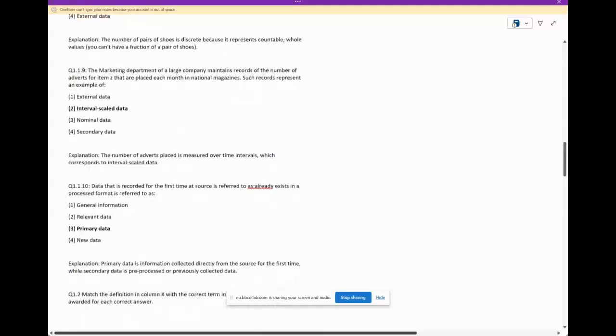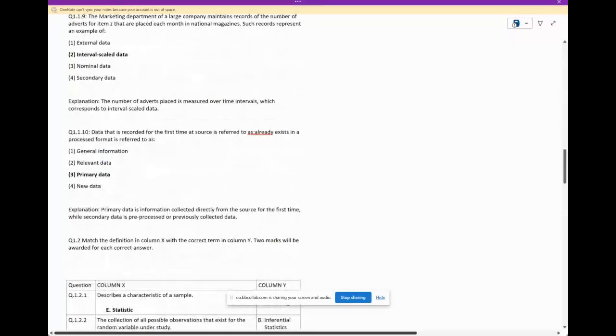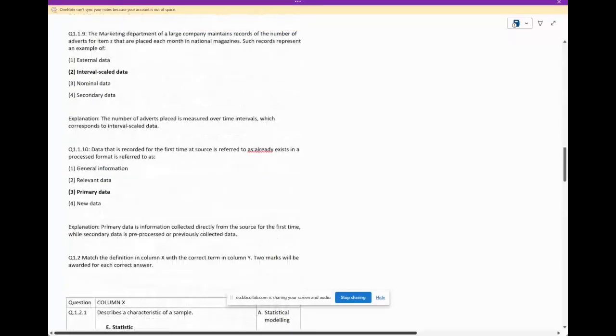Okay, then almost done with this first section. 1.9, they were saying, the marketing department of a large company maintains records of the number of adverts for item Z that are placed each month in national magazines. Such records represent an example of interval-scaled data.